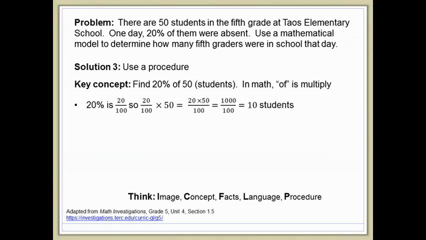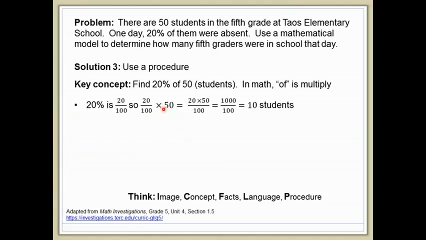The first way is to notice that 20% is literally 20 out of 100%. So 20 100ths times 50, we go back to some facts we've learned regarding multiplication of fractions and whole numbers.